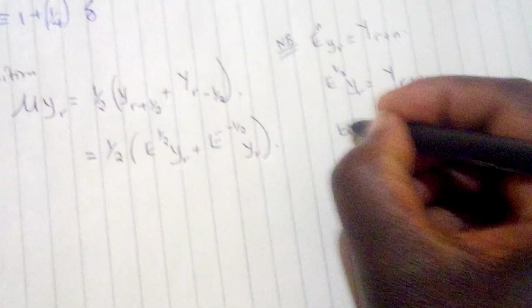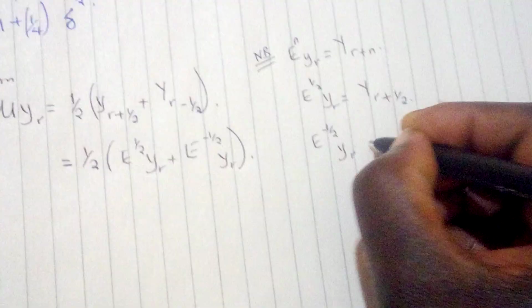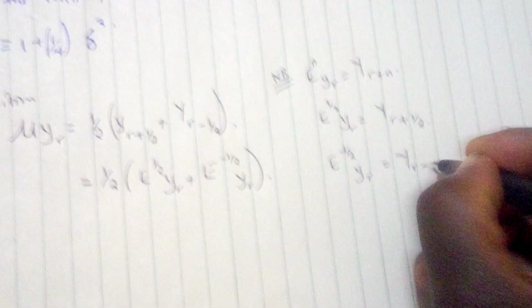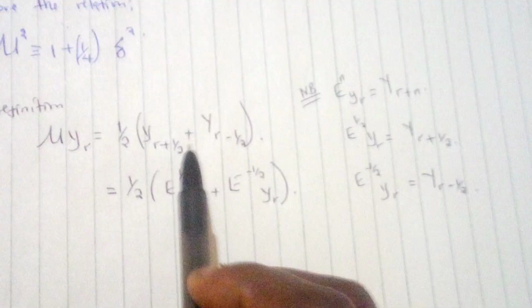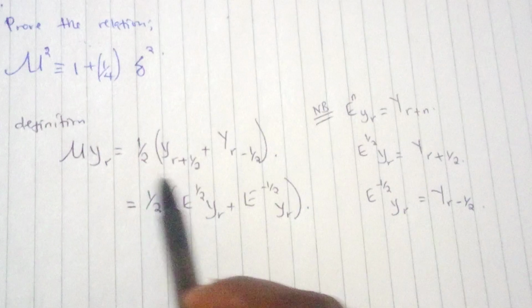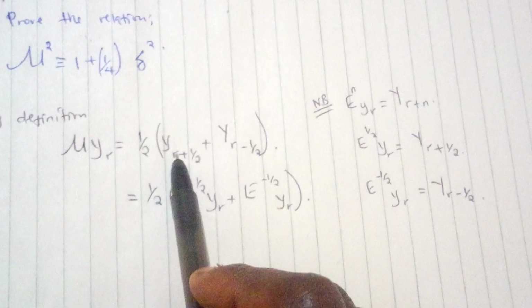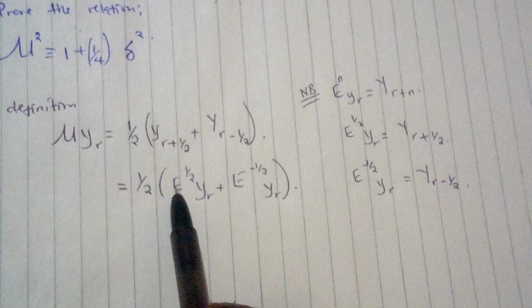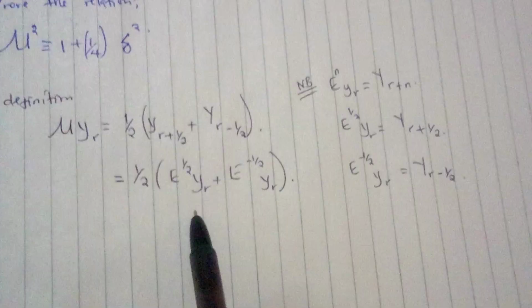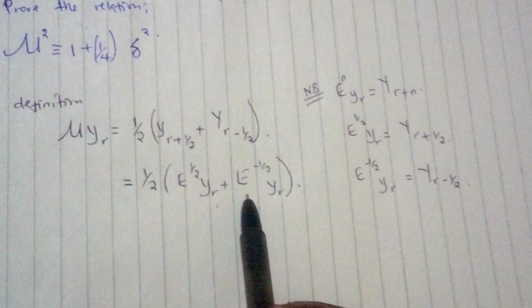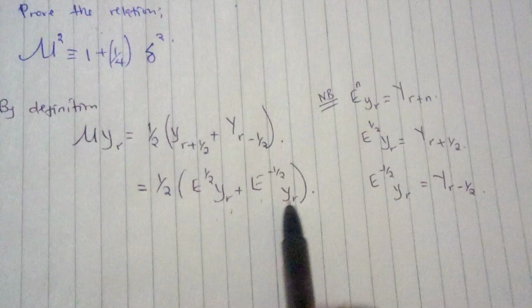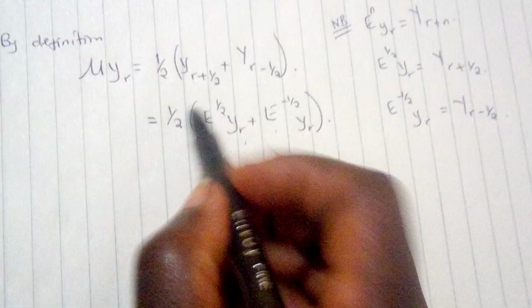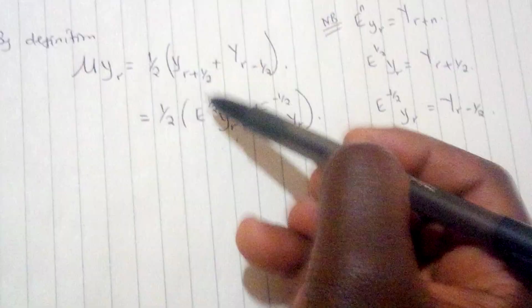Or we can say e to power negative a half yr is equal to y at r minus 1 over 2. So when you have the functional value y at r plus a half, it means that the shift operator is e to power a half, and the other one is e to power negative a half.